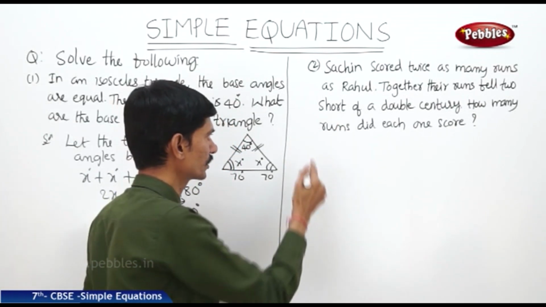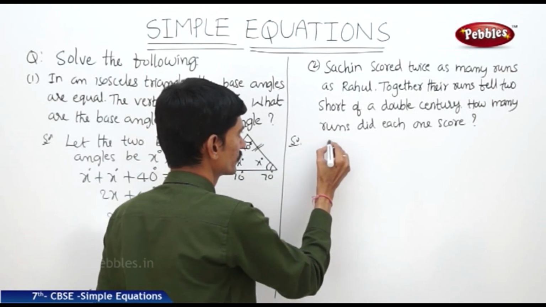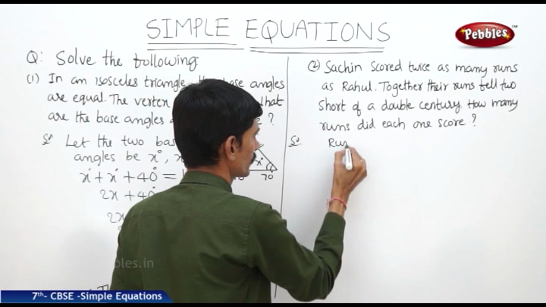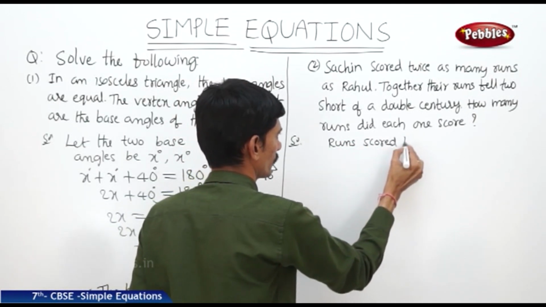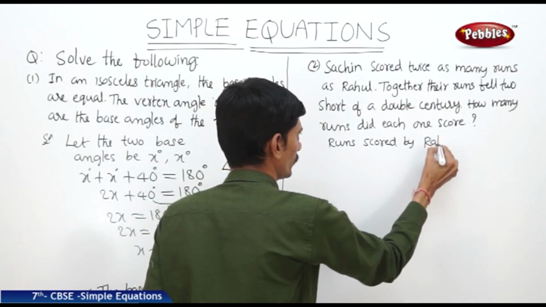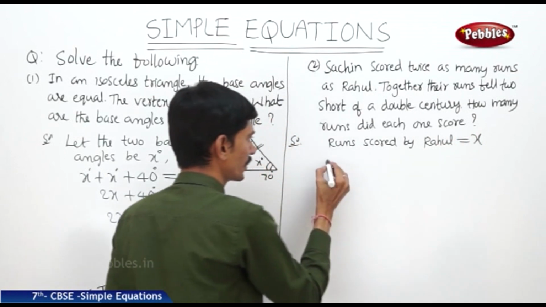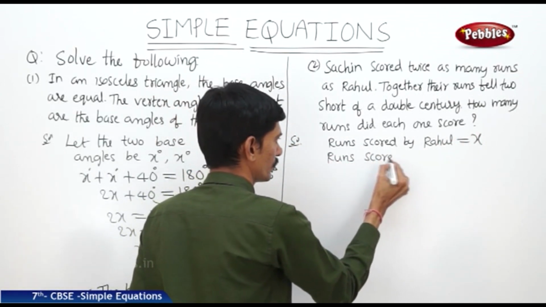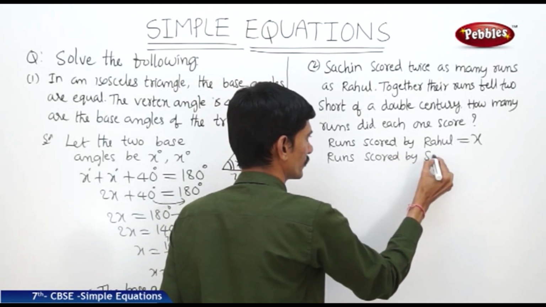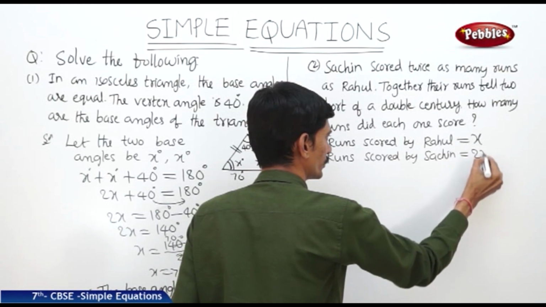So first let us take runs scored by Rahul equals x. Now the runs scored by Sachin, so this is twice x, means 2x.